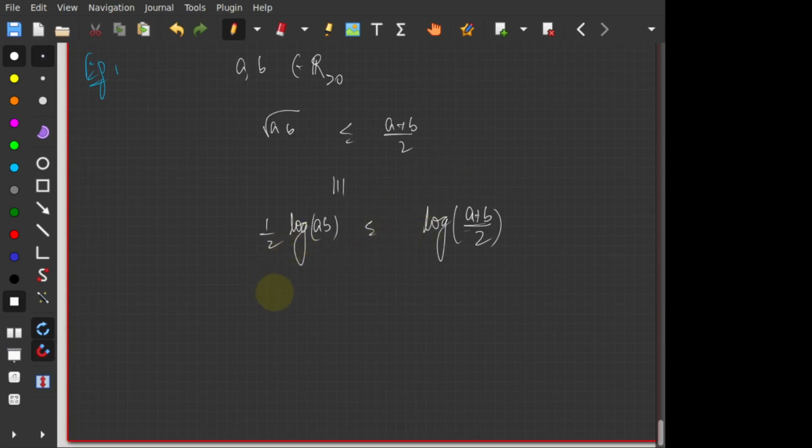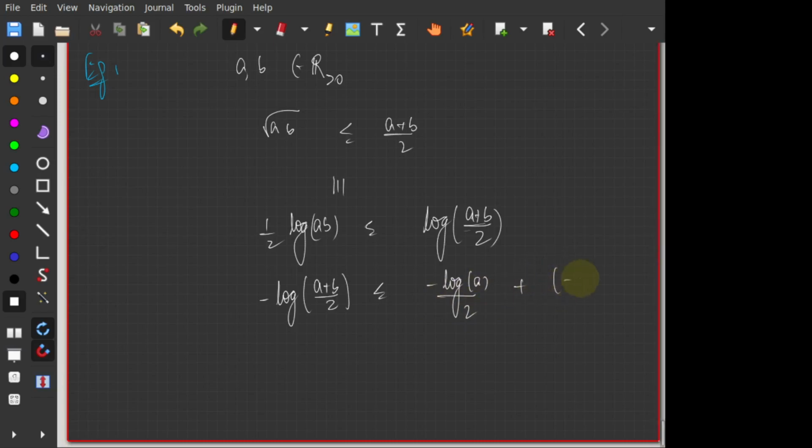Or if I rearrange, negative log of A plus B by 2 is less than or equal to negative log A by 2 plus negative log B by 2.